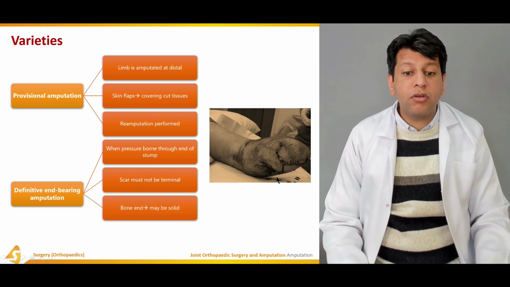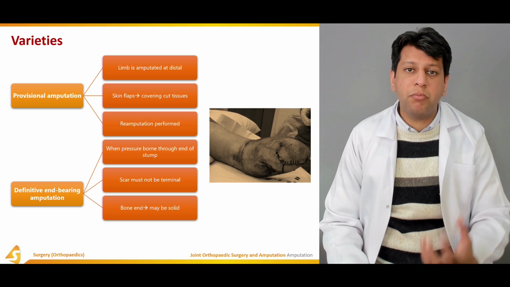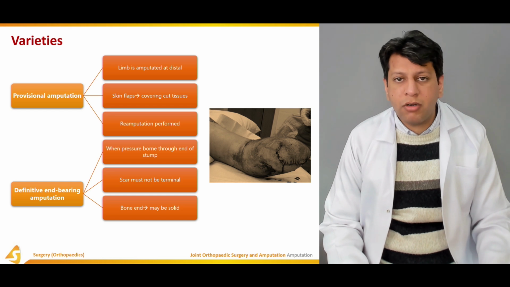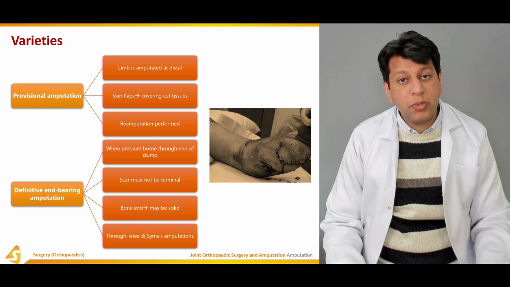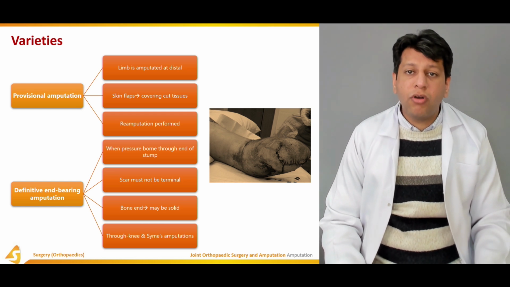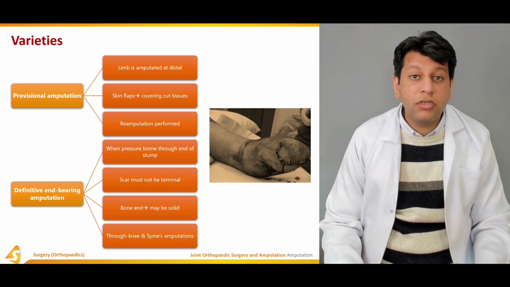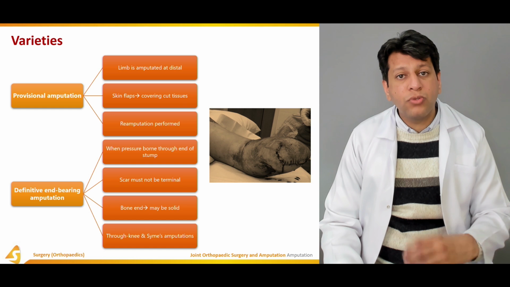The bone end may be solid, that is, it may be weight bearing, maybe on the distal part of the femur or the proximal part of the tibia. It could be through knee or it could be Syme's amputation. Although it's rarely done in adults, in children, through knee surgery is a very good option because we know that bones are going to grow.